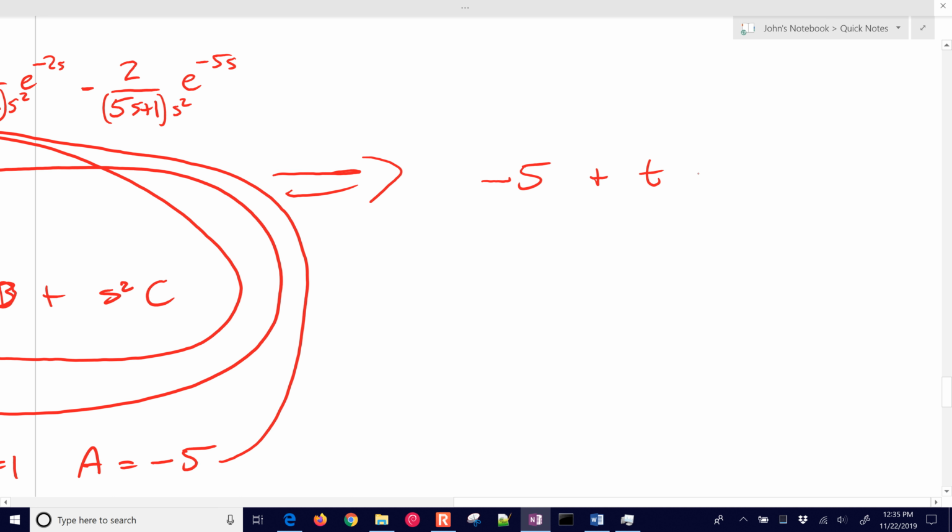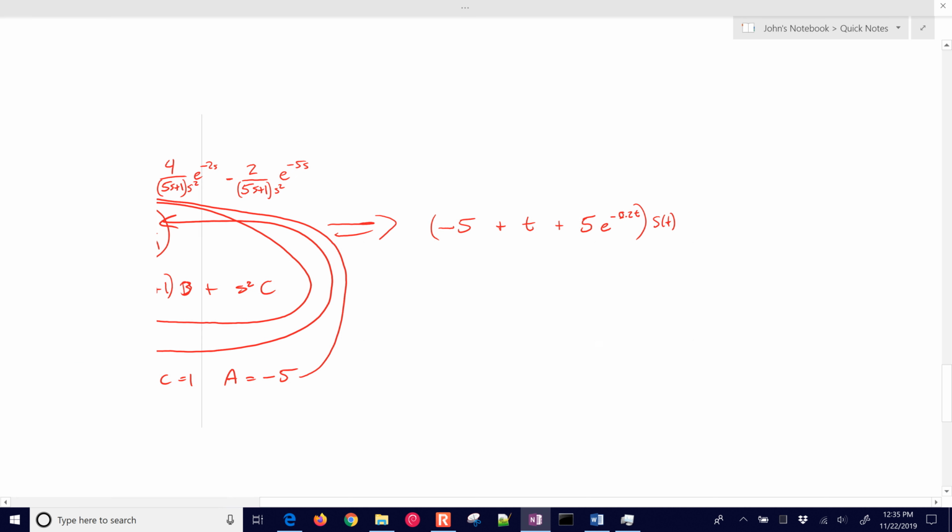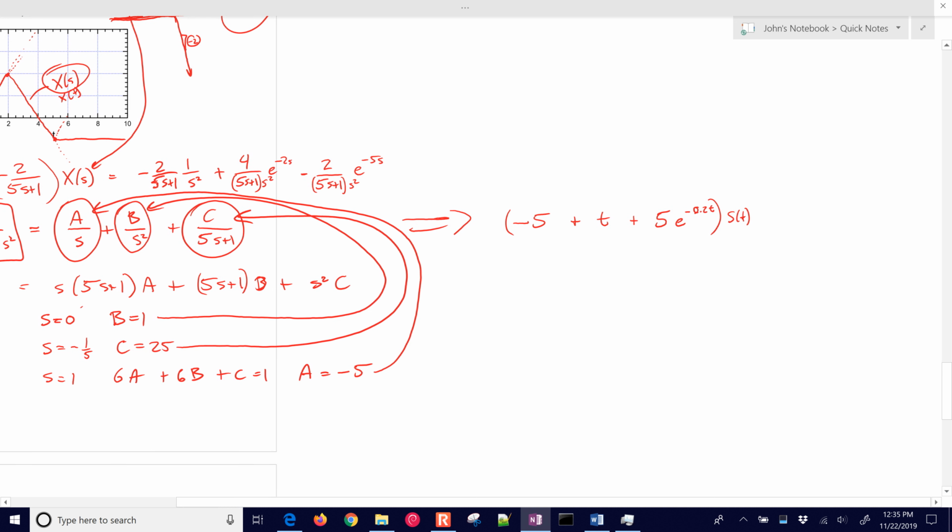And then we have plus 5 e to the -0.2 times t. So we just took each of those individually, and then I'll multiply this by u of t. It's our step function, so it's 0 before that time, and then non-zero after. So this is all of those multiplied out.